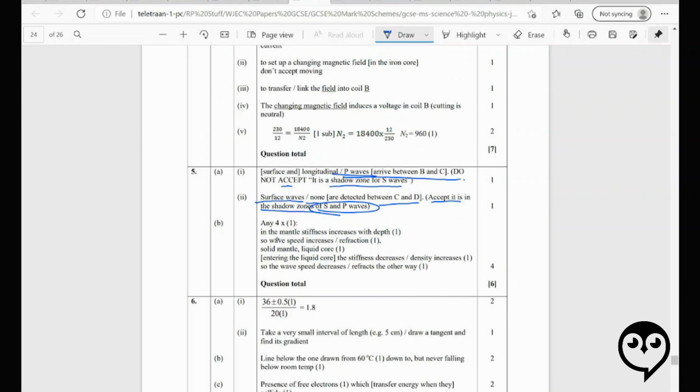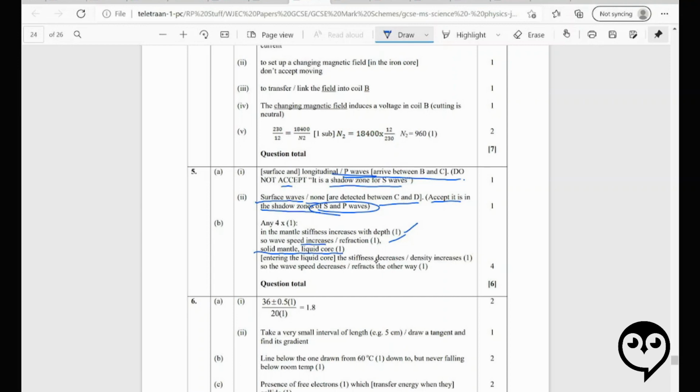All right. And then for part B, it's just coming back to me now. It's been a few years, but in the mantle, the stiffness increases with depth. And so that means if there's a greater stiffness, you have an increase in wave speed. We talked about going from solid mantle to liquid core, and then liquid core to solid mantle on the other side.